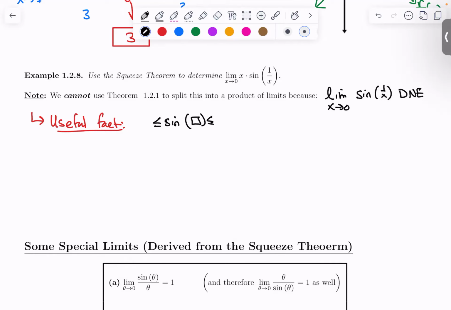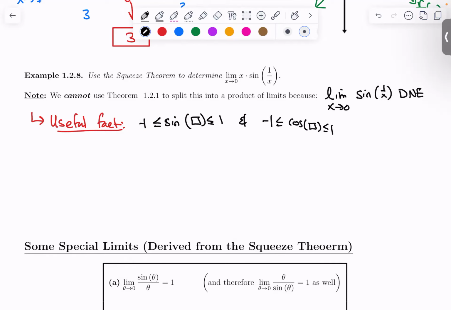What is sine always bounded between? -1 and 1. And -1 is less than or equal to cosine of anything, which is less than or equal to 1. Sine and cosine have a very nifty property, which is that they are always bounded between 1 and -1.